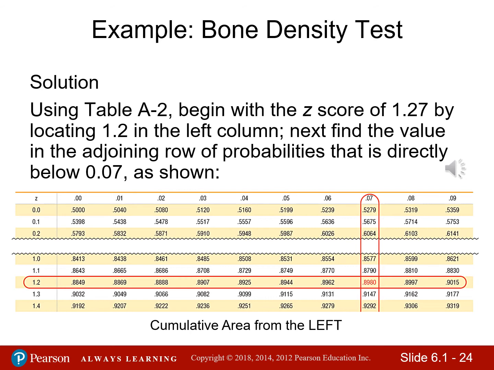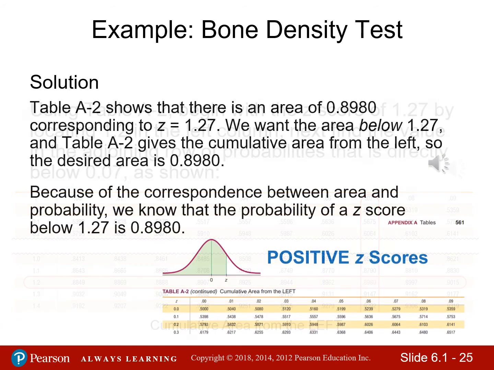And you can see highlighted in red is our probability. Table A2 shows that there is an area of 0.8980 that corresponds to the z-score of 1.27.